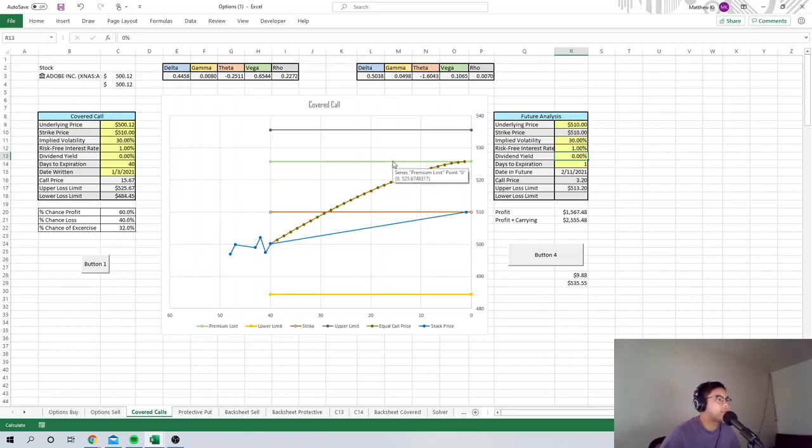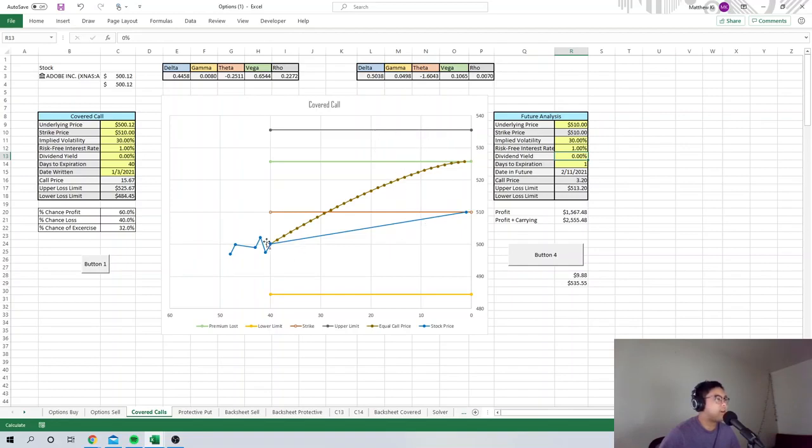If it goes past this, I call this a premium lost. That means the premium that you gained from someone buying your option is lost here, but you're not negative basically, though you definitely lost some opportunity right there. But when you go above this line, you're basically at a loss.